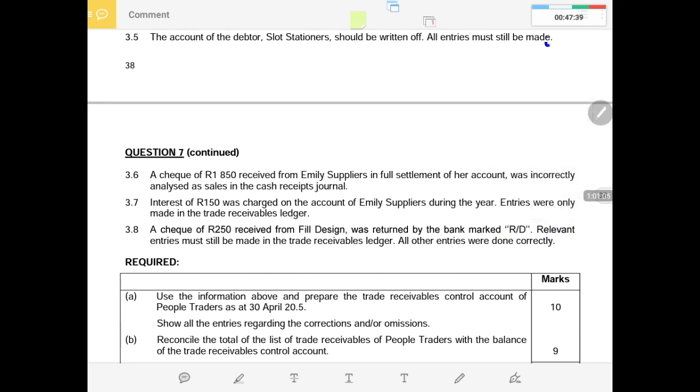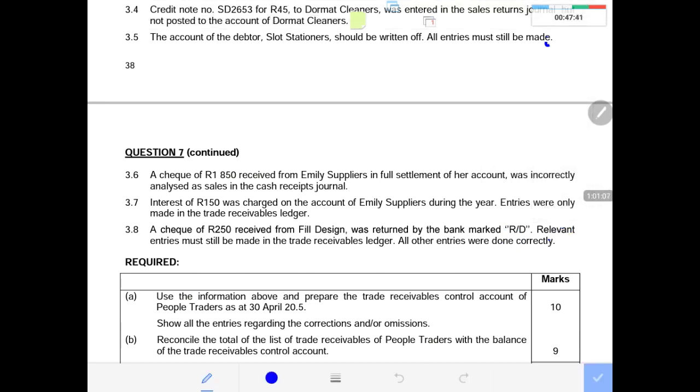Field Design. And again, remember in the previous question they talk about the check and there was a comma there, and I stopped at that comma and I said, what are we supposed to do with this check when we receive it in settlement? And I record it. And after we identified later on, it was not recorded in the way it was supposed to be recorded. It was analyzed by error and was recorded in the sales, as sales in the cash receipt journal.